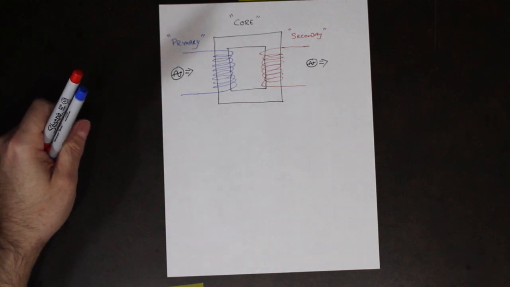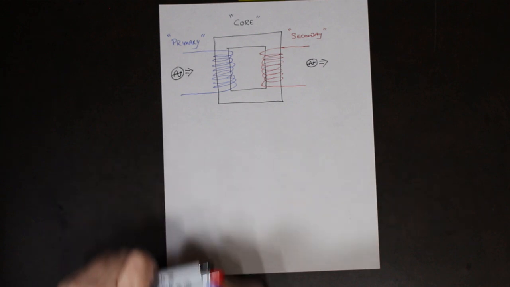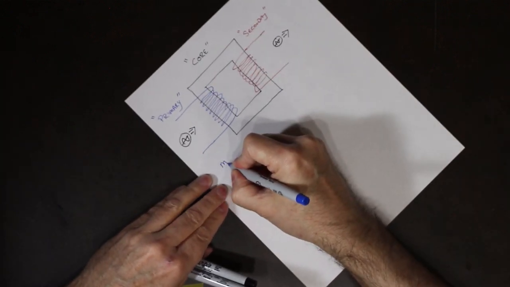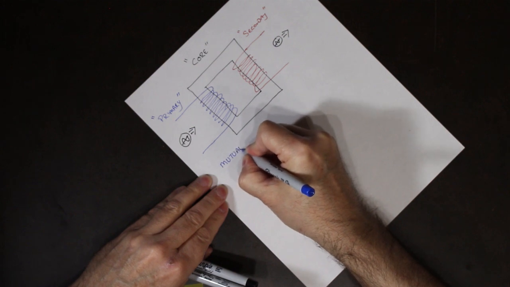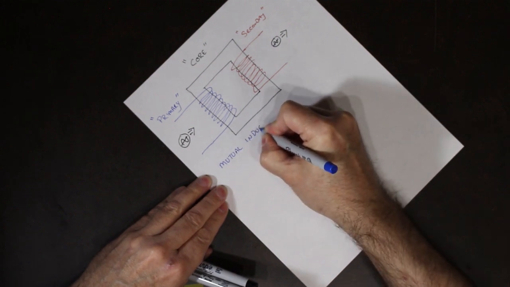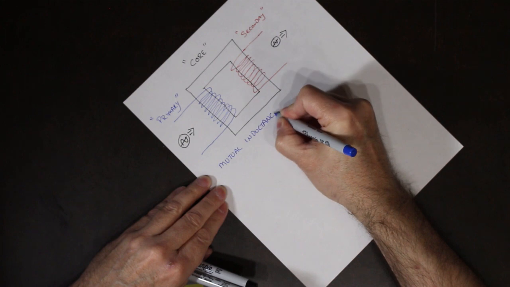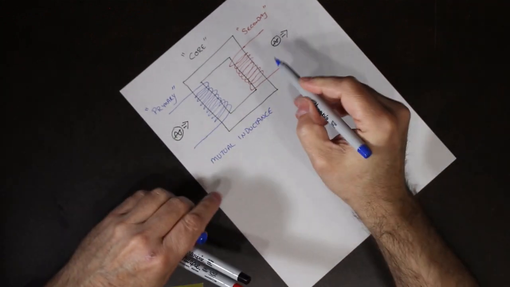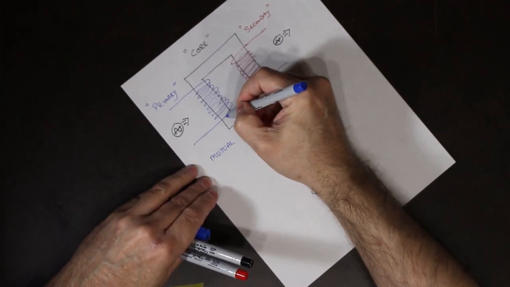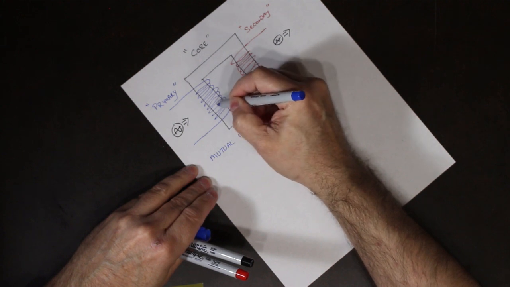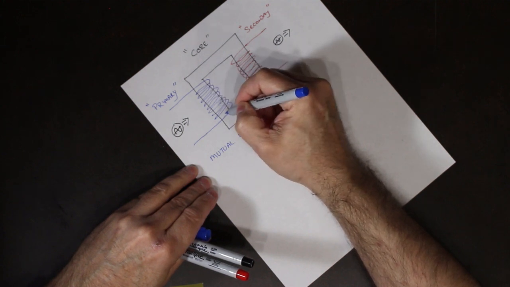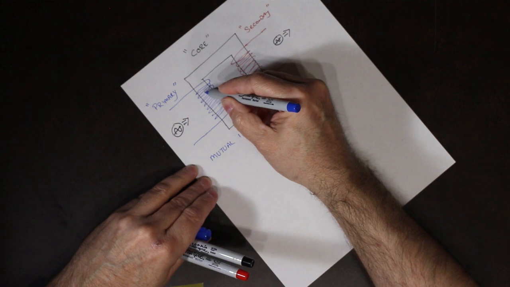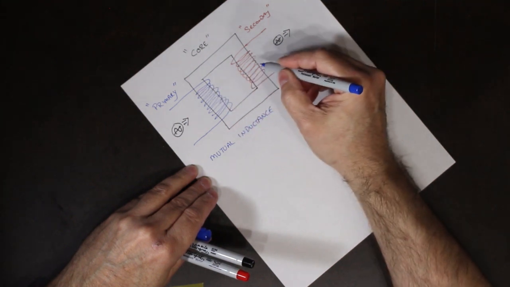So how does a transformer work? A transformer works on the concept known as mutual inductance. Now, what mutual inductance means is that a magnetic field is created, and that same magnetic field is being shared.